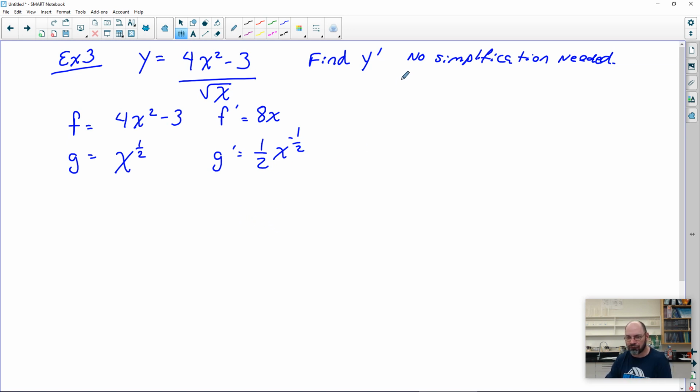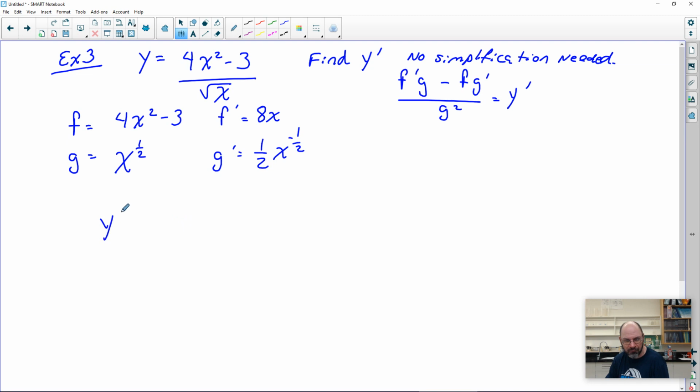So again, our formula: f prime g minus f g prime, all over g squared, is equal to our derivative. Okay, so let's go ahead and do this by plugging in our numbers. f prime, 8x.